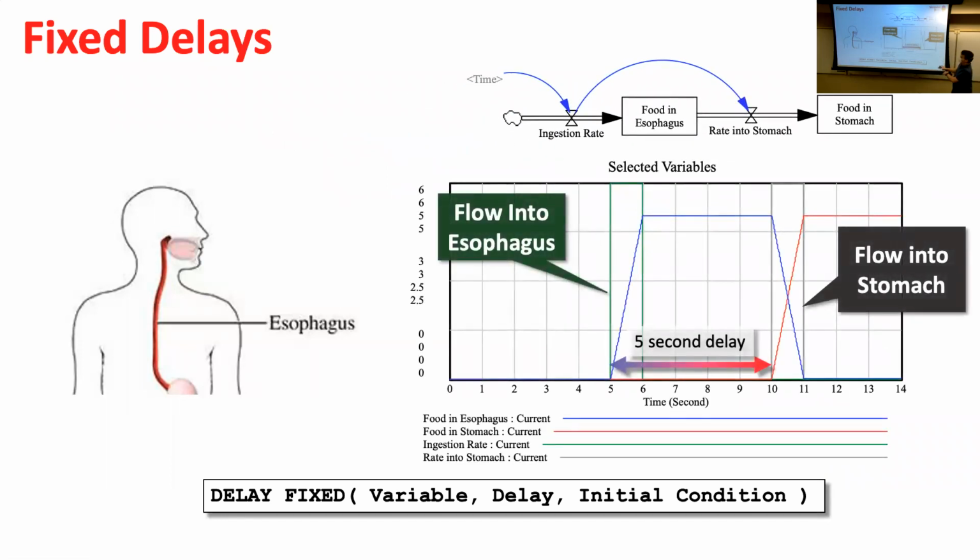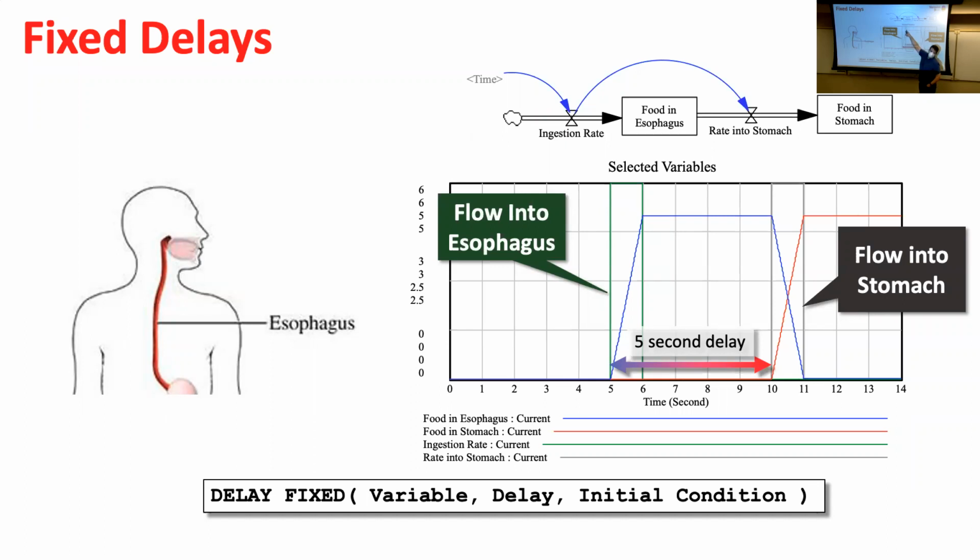And so by doing that, if I now plot these things, I've got a lot more to plot on here. I've got the green line, this green box here, that is the ingestion rate. Now I've got food in esophagus, that's the blue line. And like I was saying before, the green line is constant from time 5 to time 6. And that's what causes the esophagus food to ramp up to some finite amount.